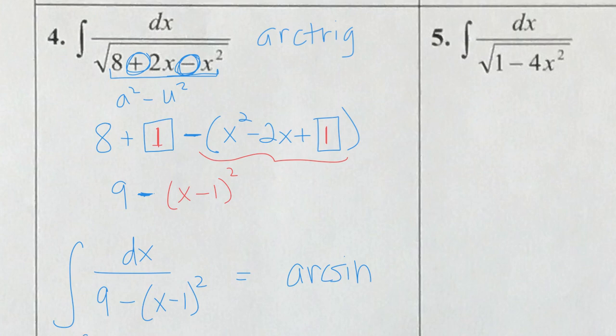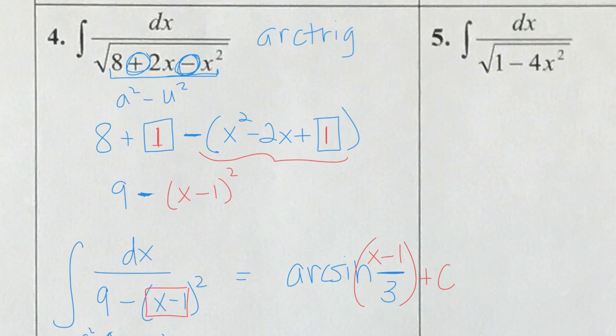Okay, so we have a squared, the number is 9, so a is going to be 3, so that goes in the bottom of your denominator here. And x, the u part, is the x minus 1. So we're going to put x minus 1 on the top there. Okay, you can, if you want to, parenthesize these things, and of course, to finish off, we're going to add our plus c.